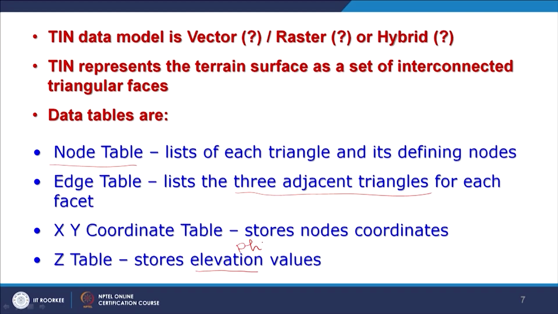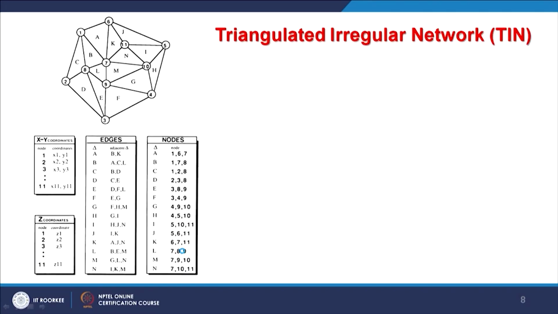So, one does not have to bother. In general we always call it elevation, but elevation does not mean it always has to be a height value. Now here is a triangle with 4 table examples.